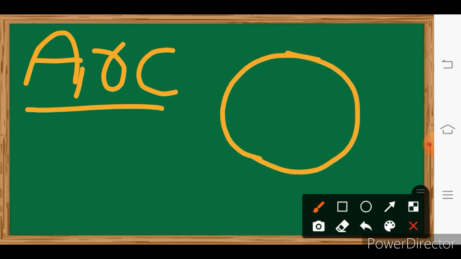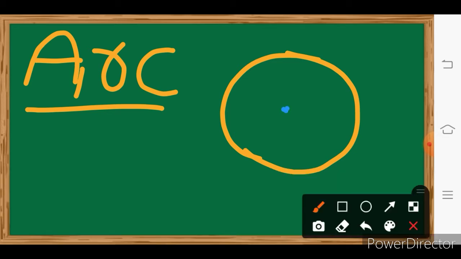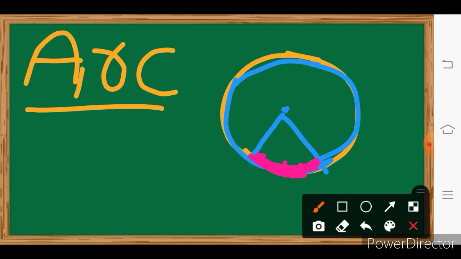If we take a circle with its center, the boundary is the circumference, and a continuous part of this boundary is called an arc.